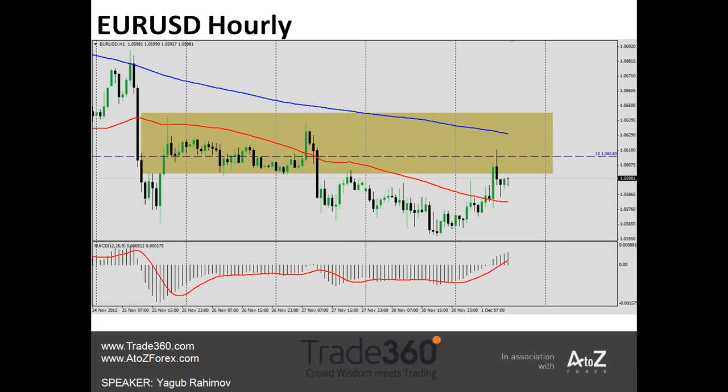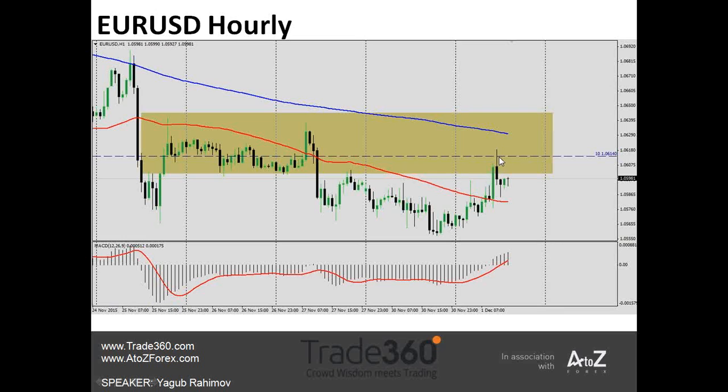Although the hourly time frame indicates bullish power at the moment, the market has gone above the 50-hour moving average. It is just below the 200-hour moving average. I call it a moving average sandwich at the moment. So it's a sideways development.